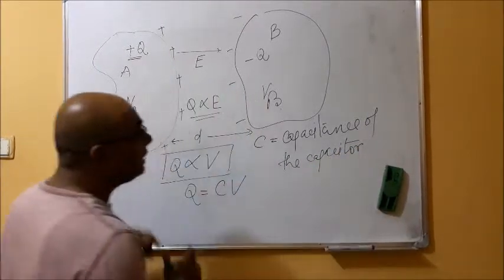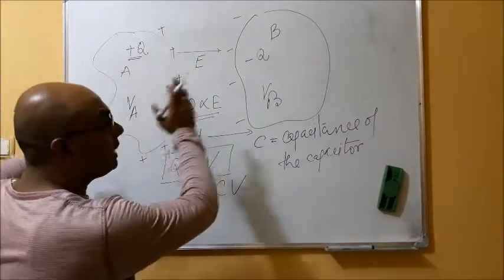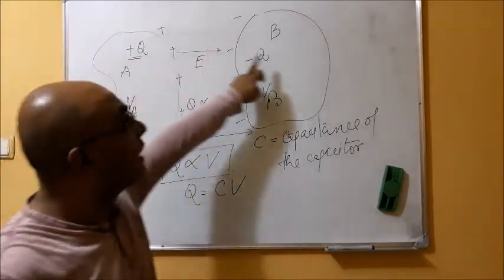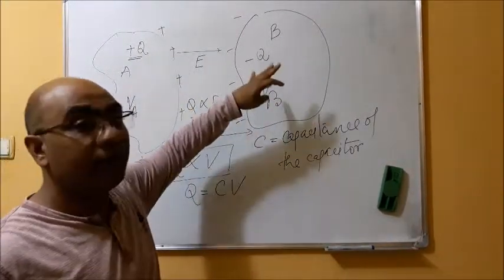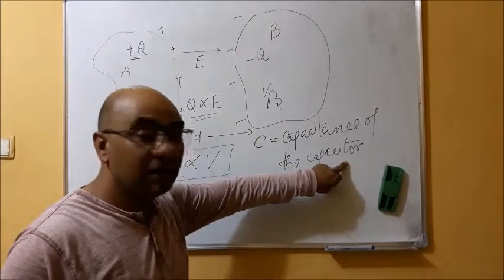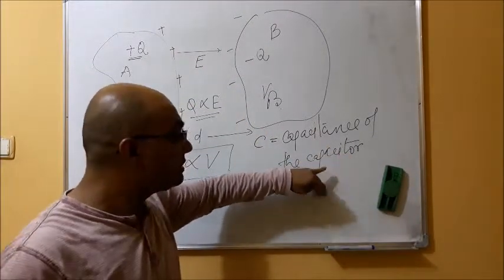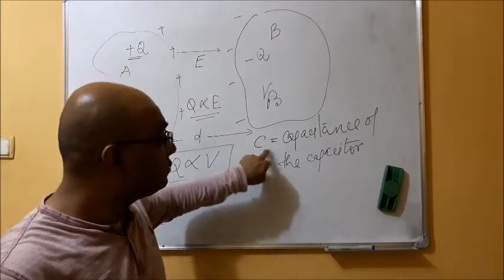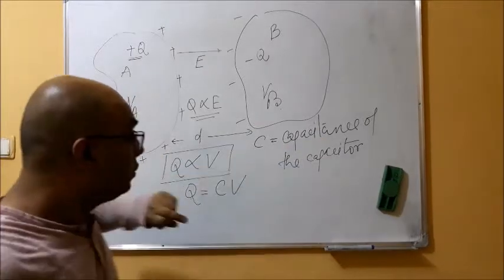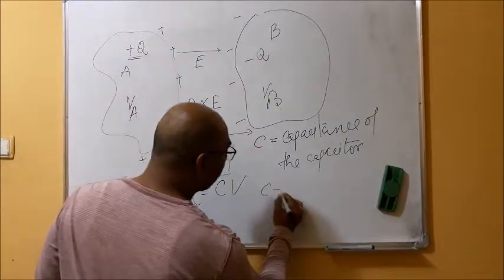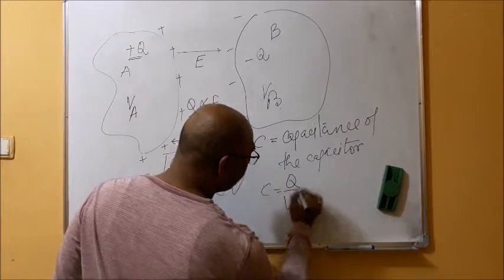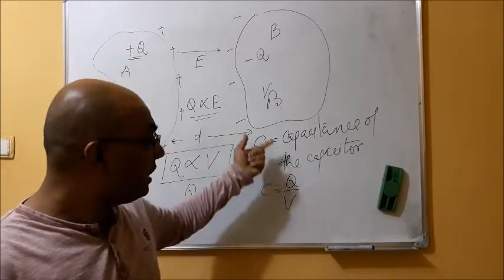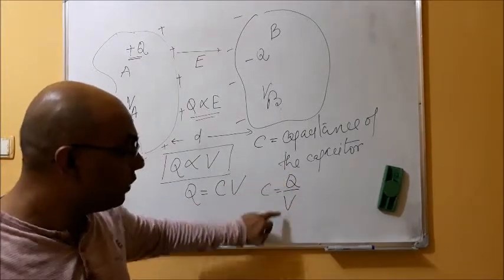Okay, what we are saying, this structure having metal A and metal B, or conductor A and conductor B with charge plus Q and minus Q, we have defined as a capacitor, and the value is defined as a parameter C, which is called capacitance. So what is capacitance? Capacitance is Q upon V. This means the capacitance of a capacitor is defined as the ratio between Q and V.